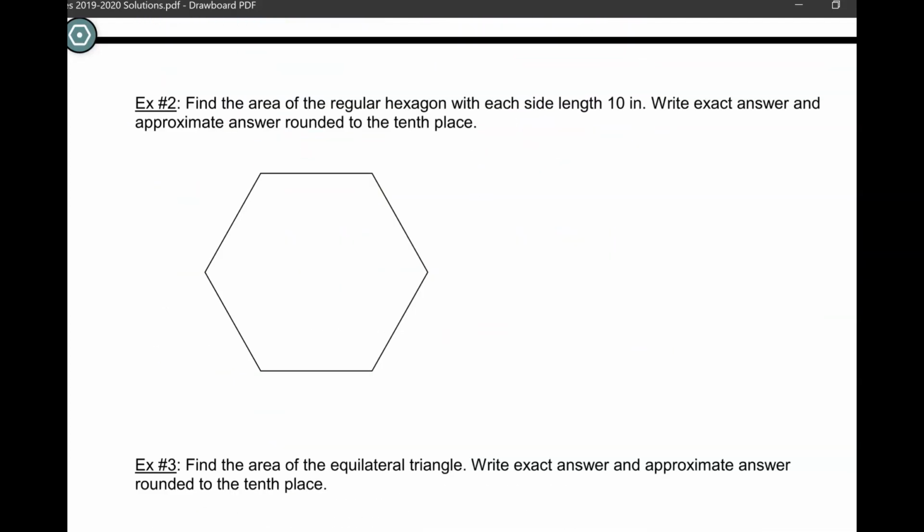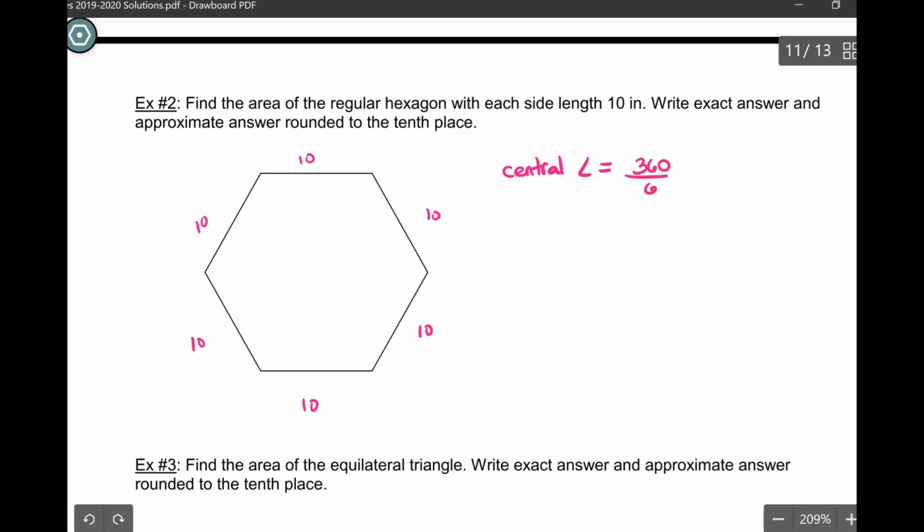Okay. Example 2. So now we have the area of a regular hexagon with each side length 10. Now it's a hexagon. So step 1 was finding the central angle. The central angle is 360 divided by 6, which is 60.